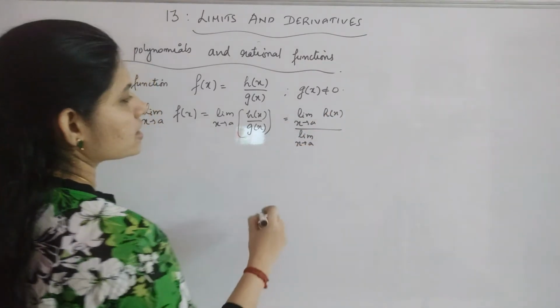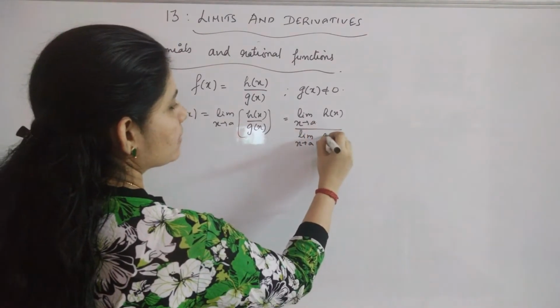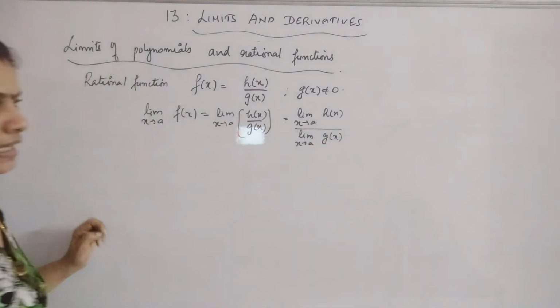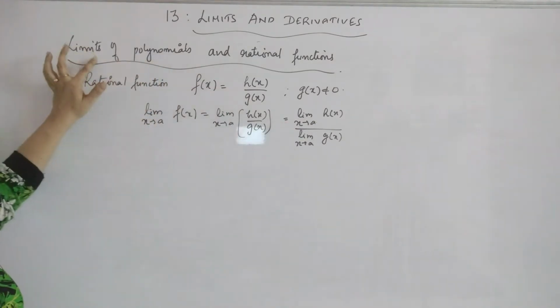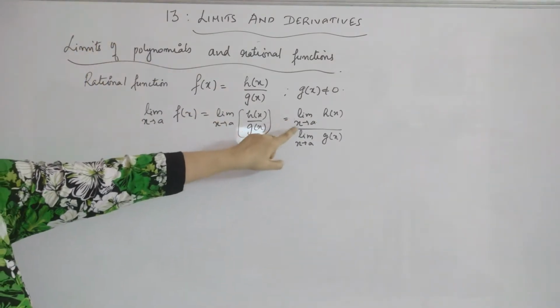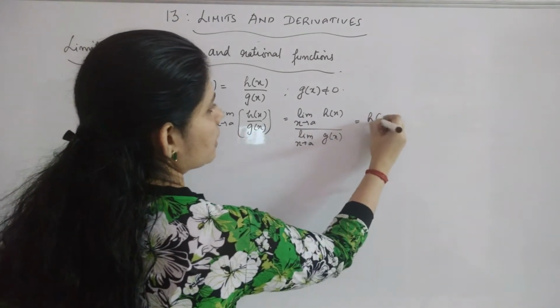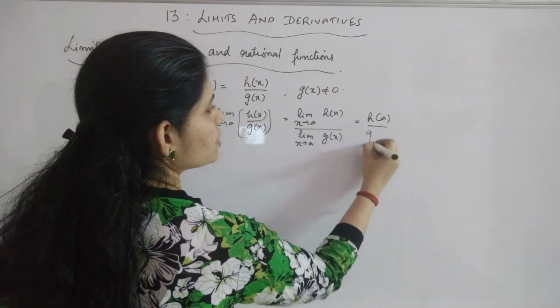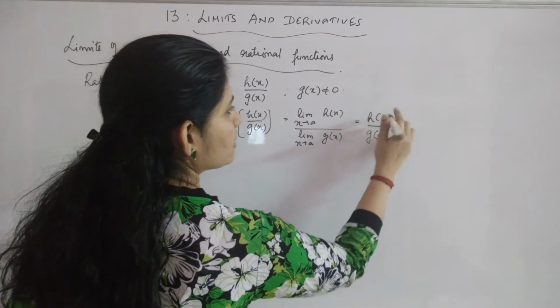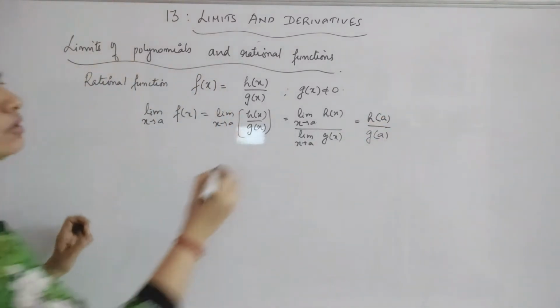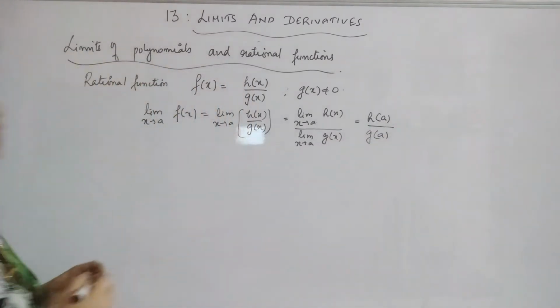So you will have limit x tends to a, h of x divided by limit x tends to a, g of x. Again, in the earlier topic, the limit of polynomials, what we have studied, limit x tends to a, h of x will be the same as h of a. So this will give you h of a and this will give you g of a. Okay, so this is how the limit works in rational functions.